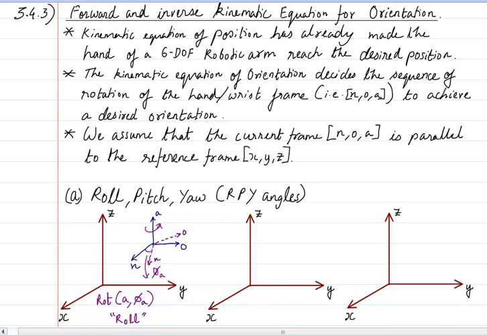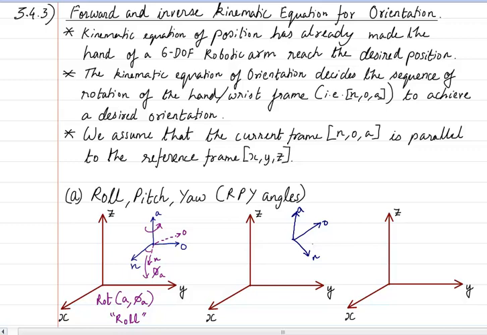Next, after this movement, as I have drawn here, the NOA axes are now not parallel to X. So the N is here, the O is here, and A is still here. A is still parallel to Z, N is not parallel to X, O is not parallel to Y. The next movement is that we are going to pitch it.